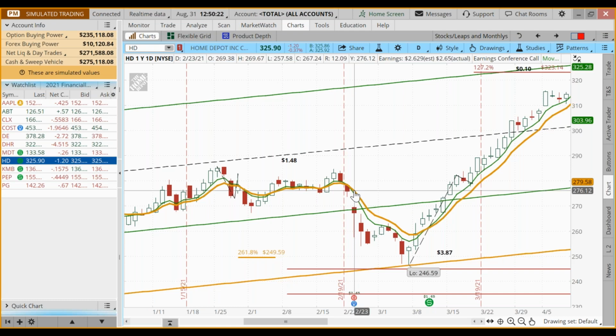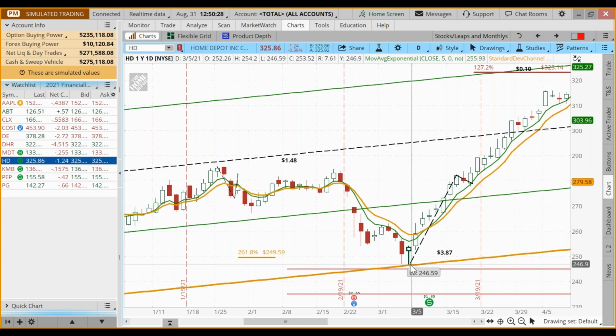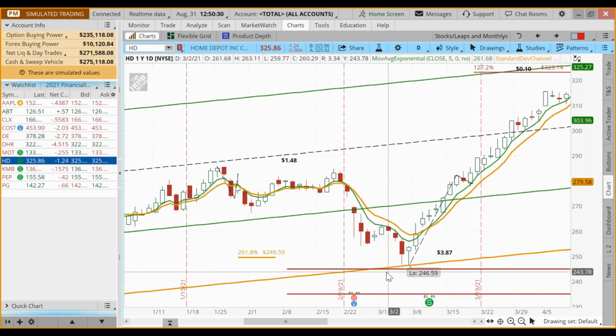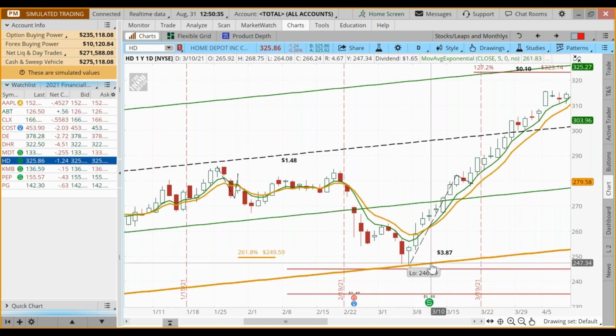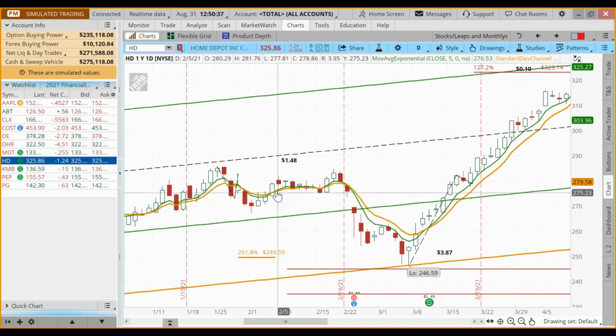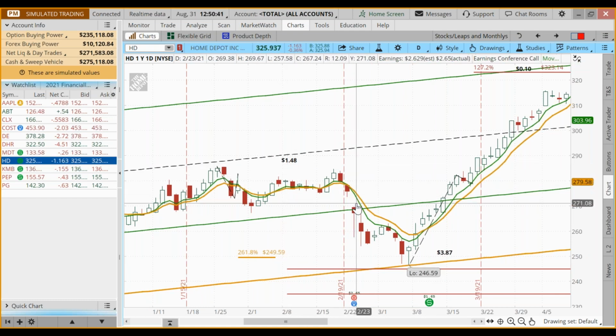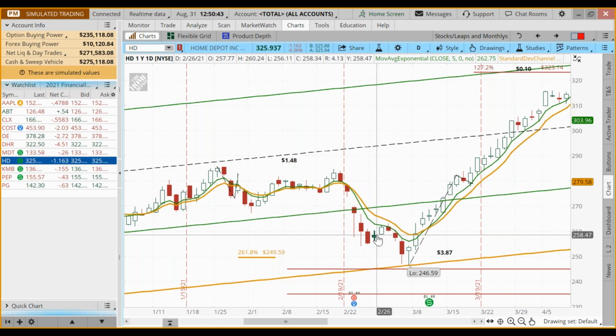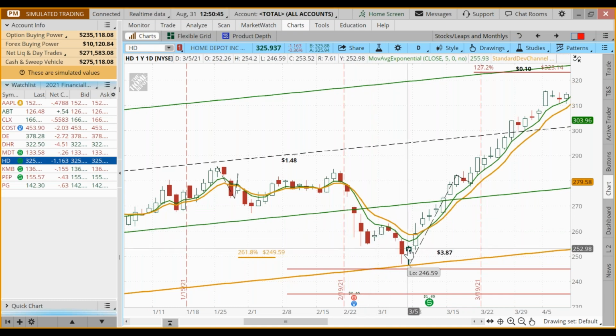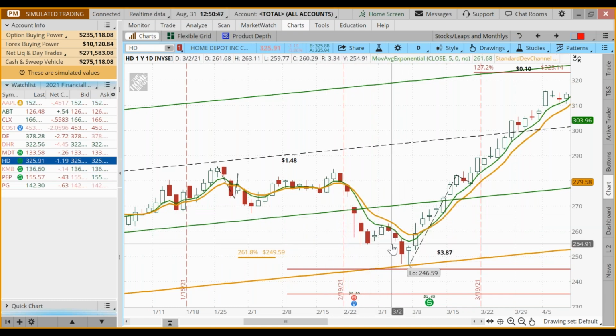I still stayed in. And the reason I stayed in is because we're getting very close to the -2 on the regression channel. Well, we sold it for $1.48 right here. And boy, there was about 2 weeks of anxiety.